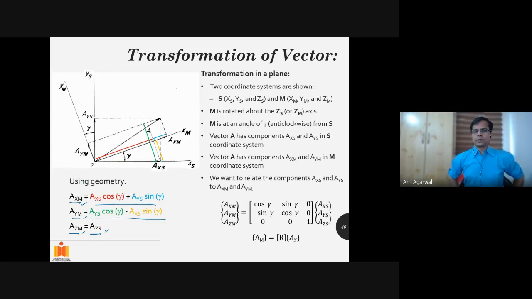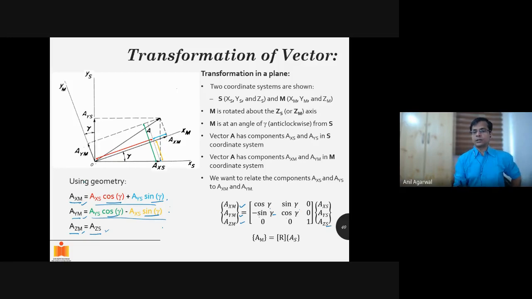Okay. These three equations can be written in matrix form. AXM, AYM, AZM, the three values on the left hand side, are equal to a matrix of coefficients: cos gamma, sin gamma, minus sin gamma, cos gamma. And then I'm adding another row, just to put 0 0 1, and then AXS, AYS, AZS.